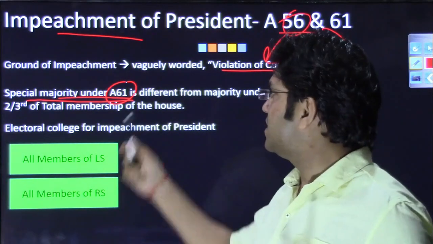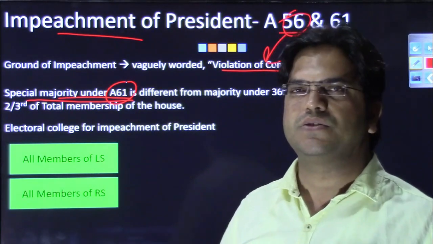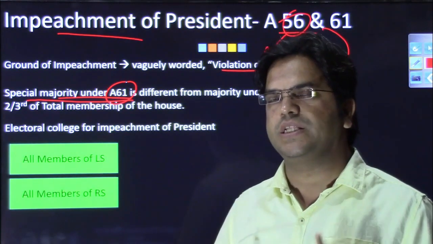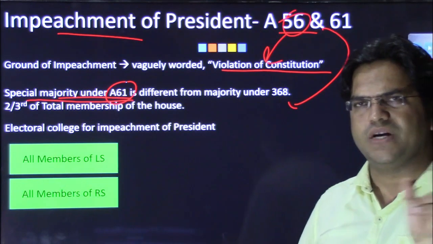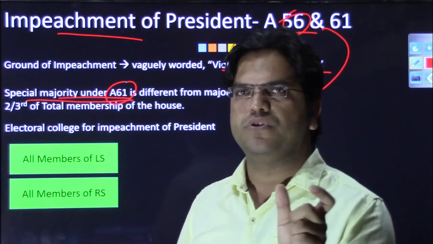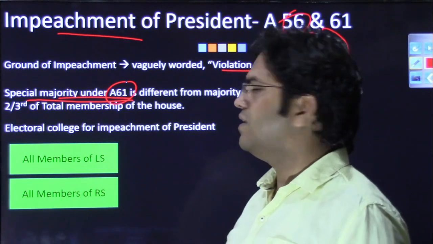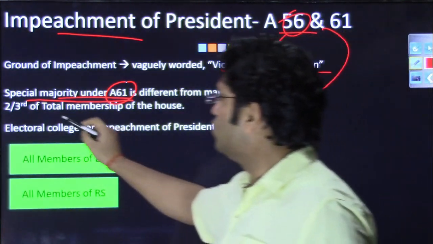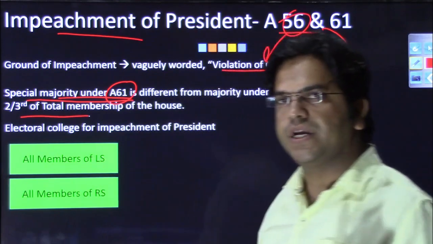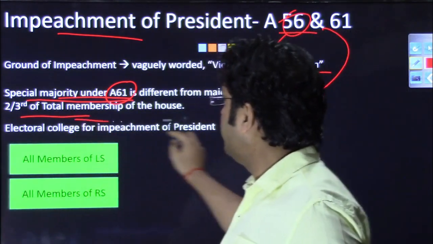And mind you, the special majority of Article 61 is totally different from the special majority that has been mentioned in Article 368. In Article 368, you have those two terms, that is absolute majority plus 2/3 of the present and voting. But in this case, the special majority is 2/3 not of present and voting, but 2/3 of the total membership of the house.